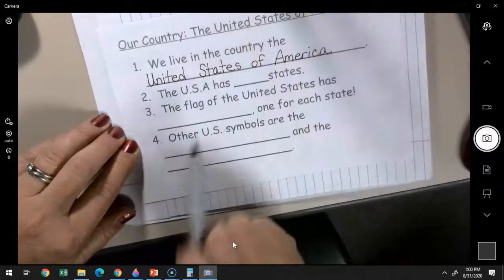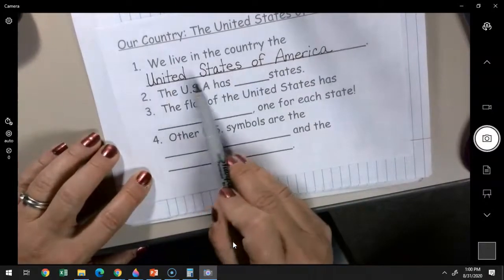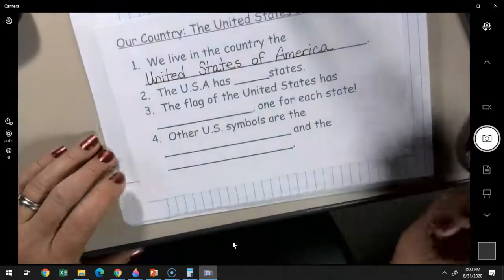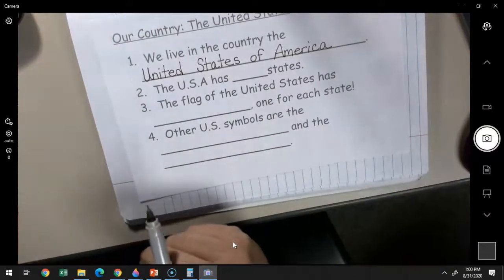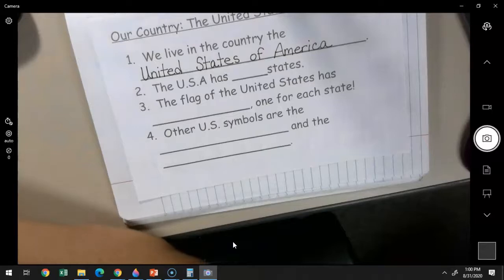And that's the whole name of our country, United States of America. So the U and the S and the A need to be capitalized because that's part of its formal name. Now, if you need to pause again, go ahead and pause and get caught up.